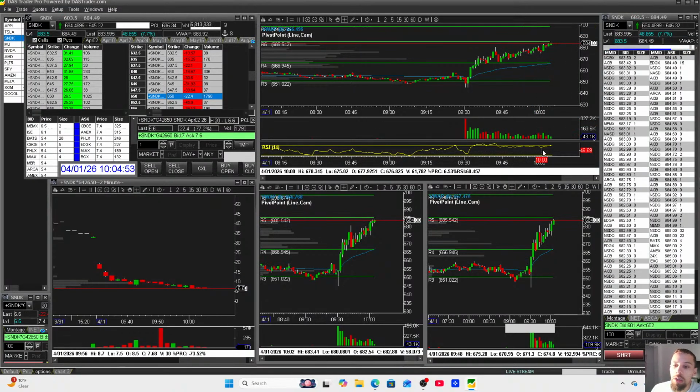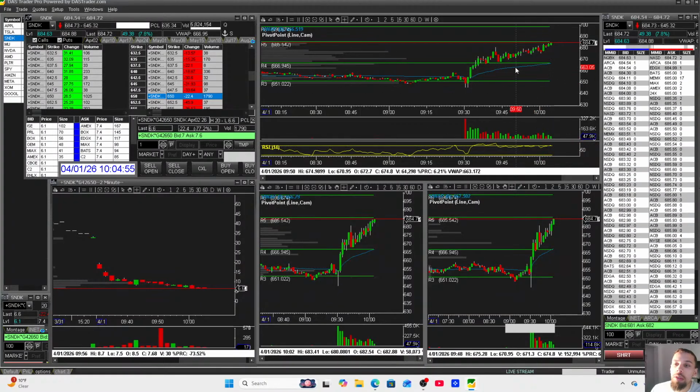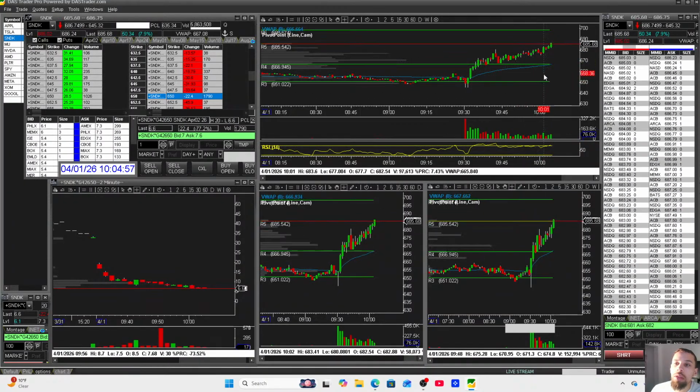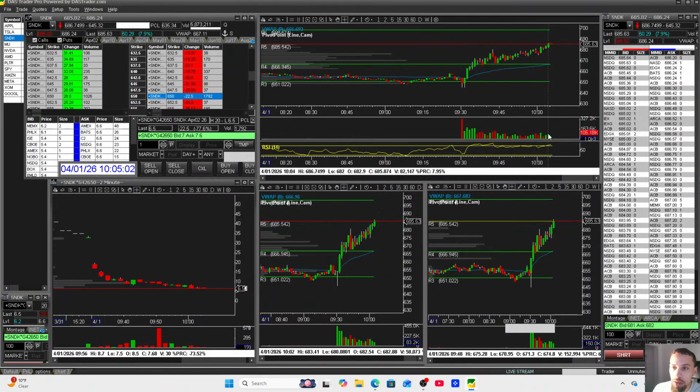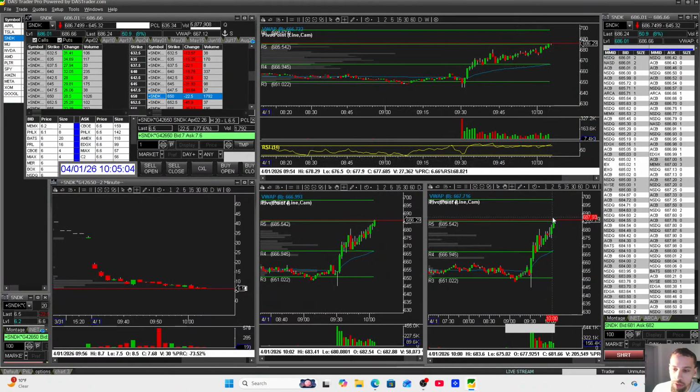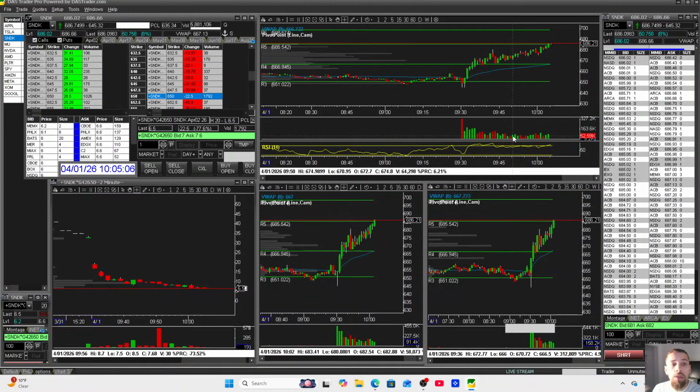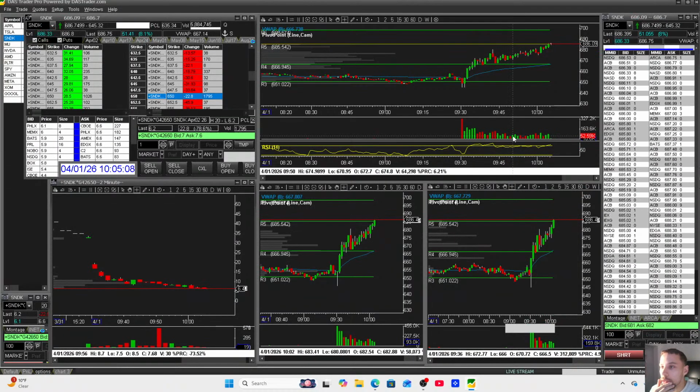You can see we're hugging this RSI, considered overbought conditions, but we're still grinding higher. The final confirmation is volume. I need the volume to let me know what the stock wants to do.